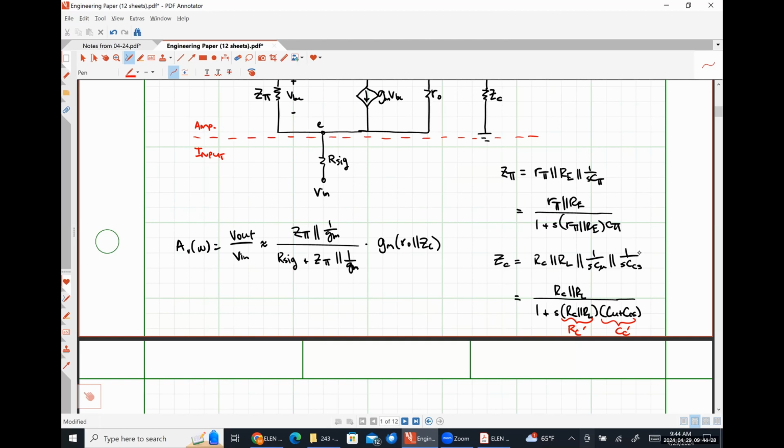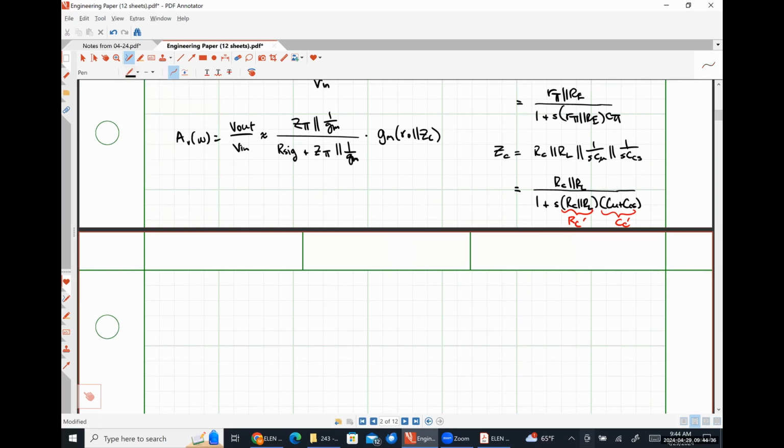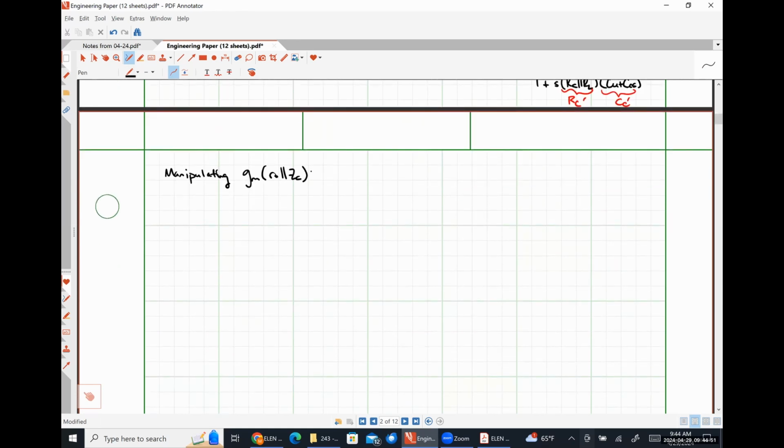All right, so let's manipulate the GM R naught in parallel with ZC bit first. GM R naught in parallel with ZC is going to look like GM times R naught times ZC over R naught plus ZC.